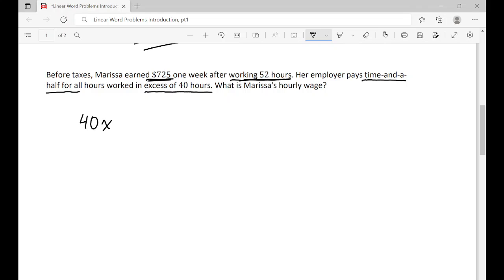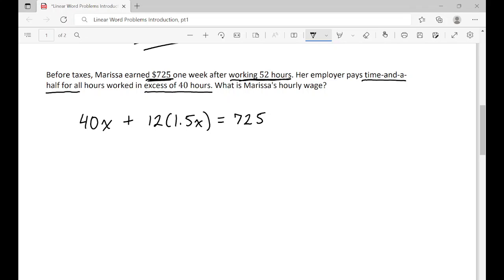But we see that she worked up to 52 hours. So that's actually 12 hours of time and a half. So 12 hours at her normal wage, time and a half. So 1.5 times her normal wage. And since she worked them all in 1 week, if we add them up together, we're going to get her total amount for the week, which is $725.